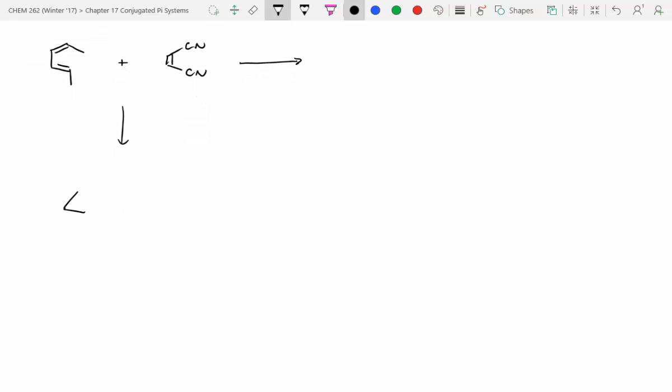I'm going to do that side-on view that I did before. Let me clean this up a little bit so we can see it better.